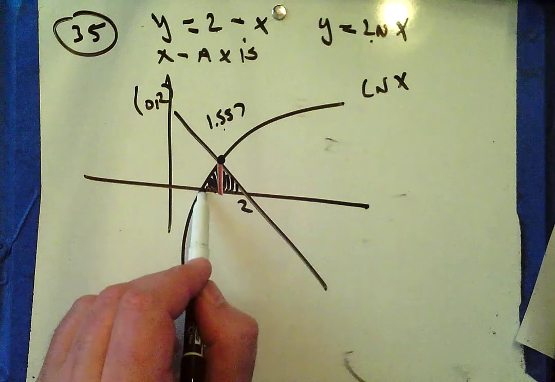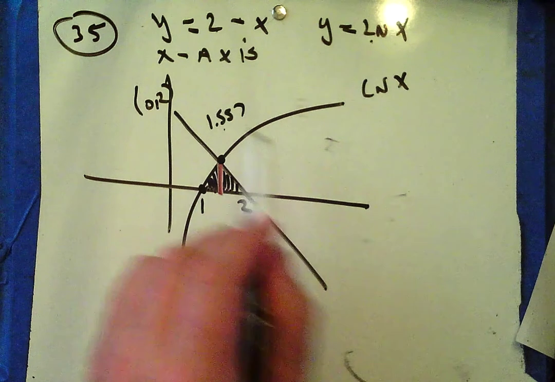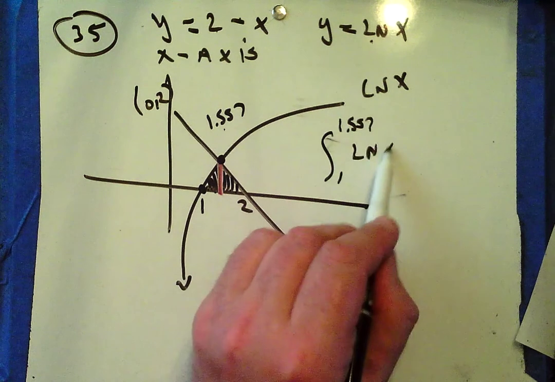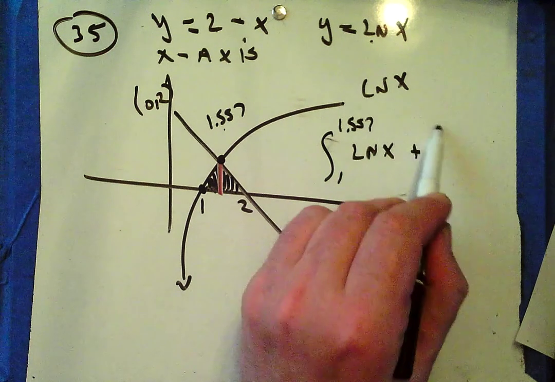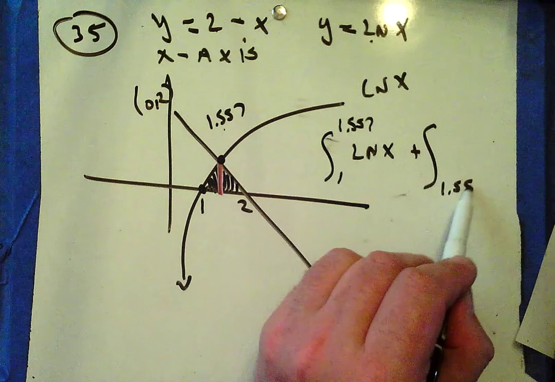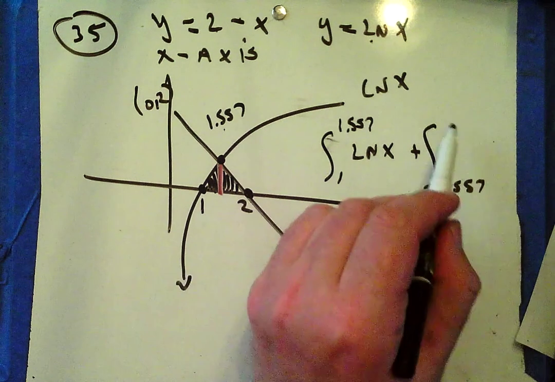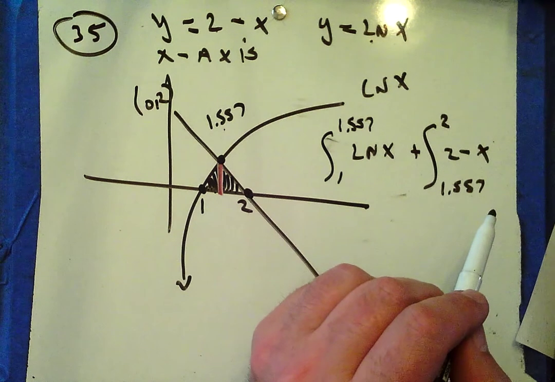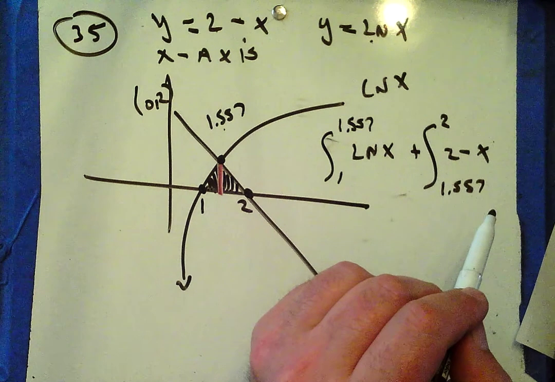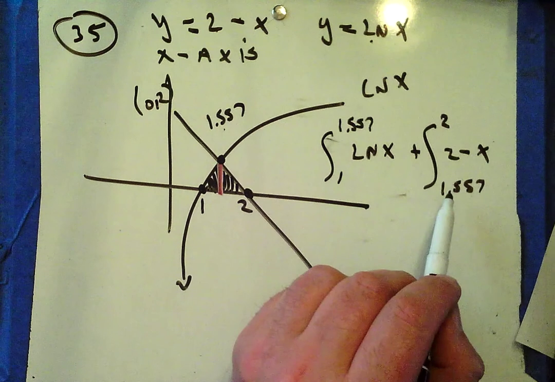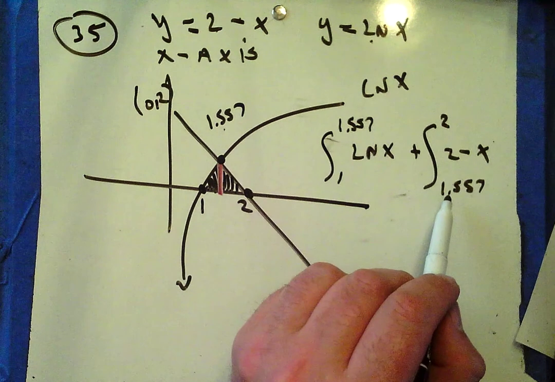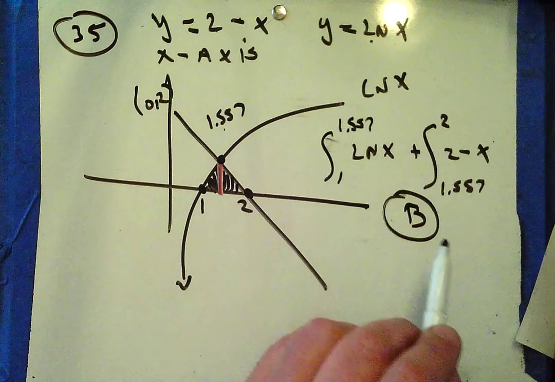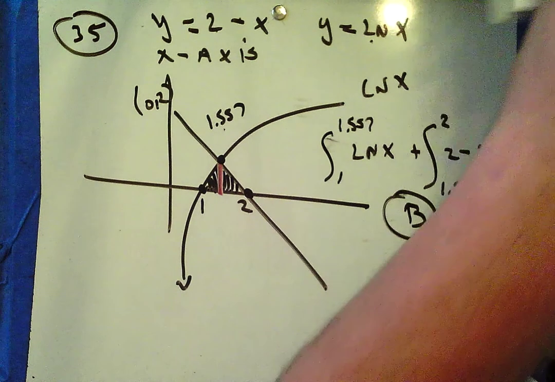So the first integral goes from 1 to 1.557 for ln of x, plus the integral from 1.557 to 2 of 2 minus x. So 1.557 to 2, 1, 2, that's choice B. Choice B for number 35.